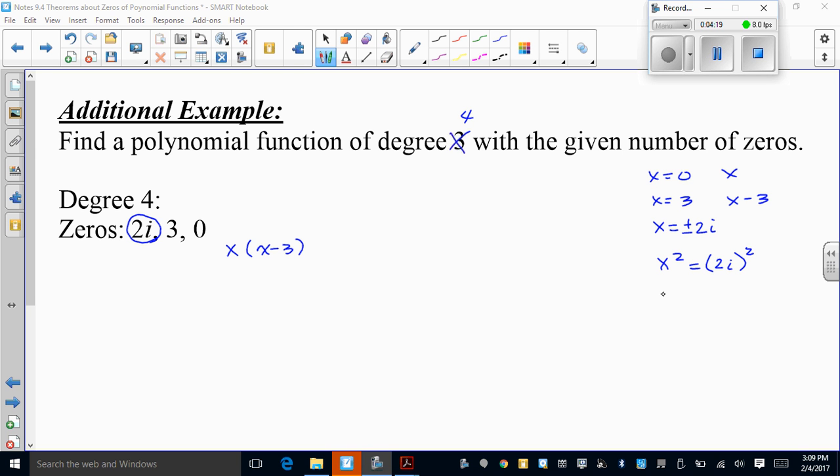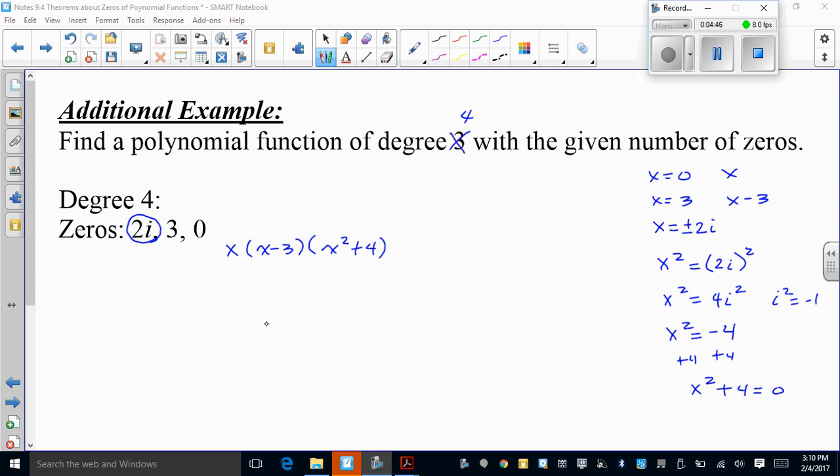So x squared equals 4i squared. i squared equals -1. So this is x squared equals 4 times -1, or -4. Add the 4 to both sides, and you get x squared plus 4 equals 0. So our last factor is x squared plus 4.